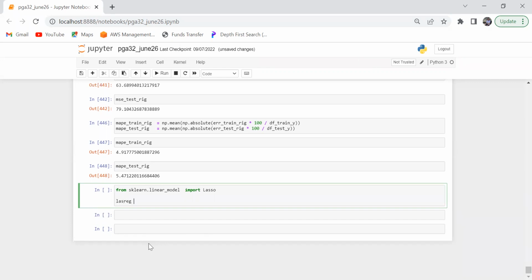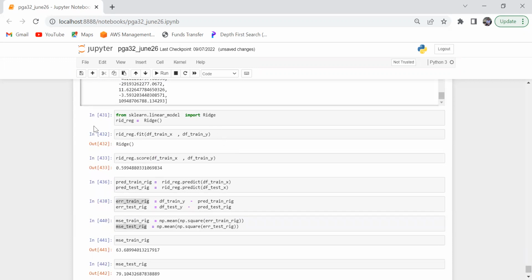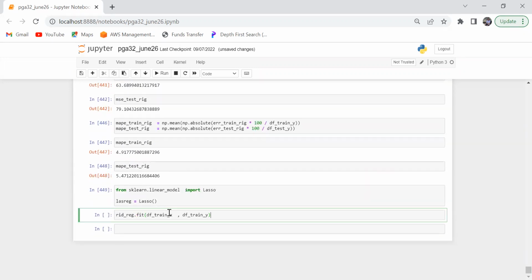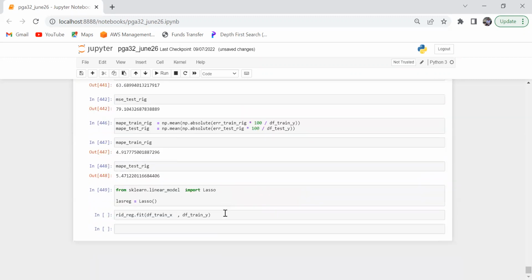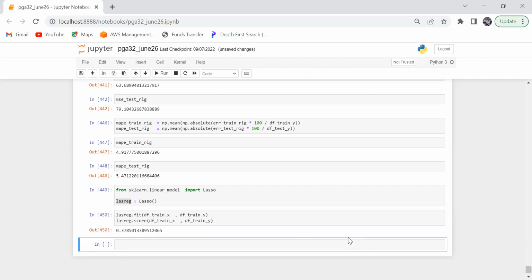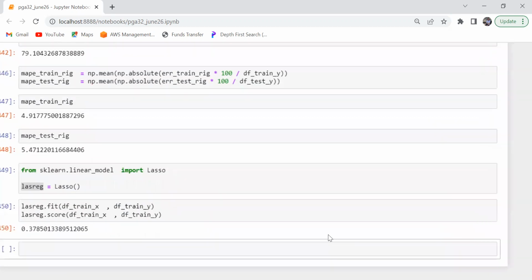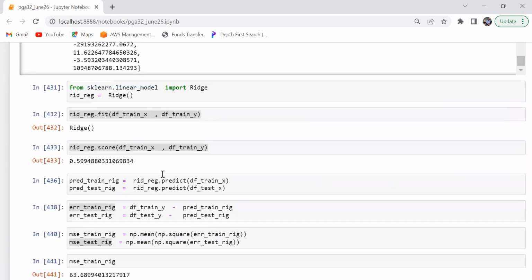Lasso regression equal to Lasso. So this is your R square in your Lasso. R square has gone down even further.